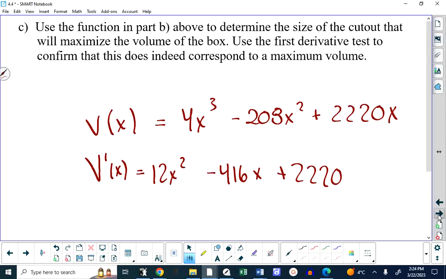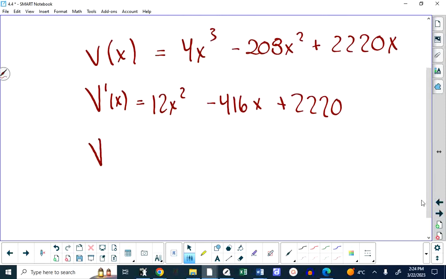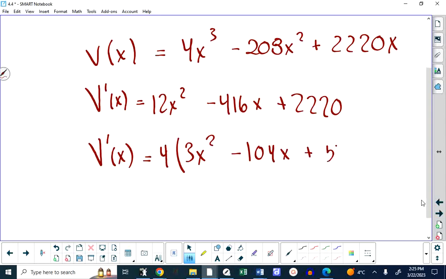So I can factor a 4 out to make my algebra easier. 4, that leaves me with 3x squared minus 104x plus 555. Okay. I'm going to go out on a limb this time and say, I don't think that's factorable.